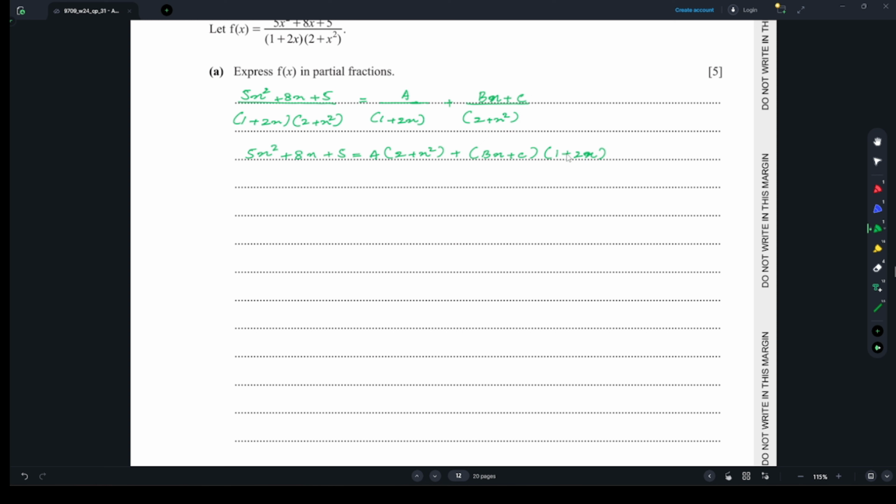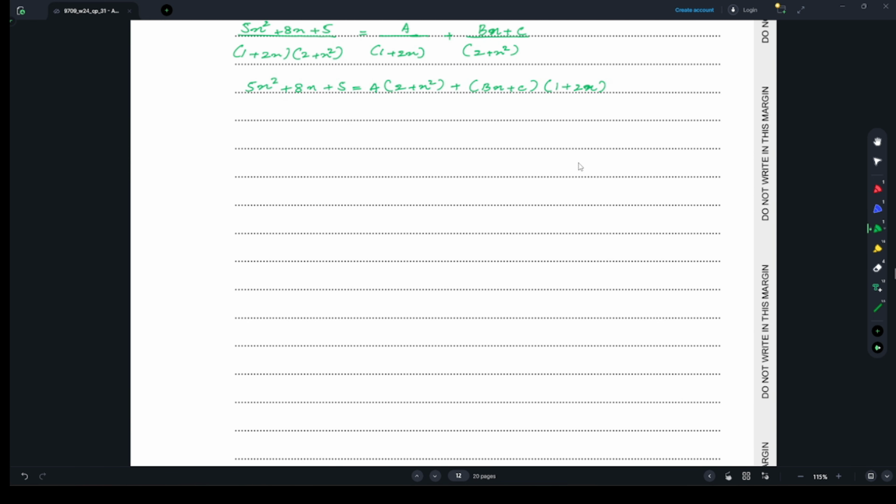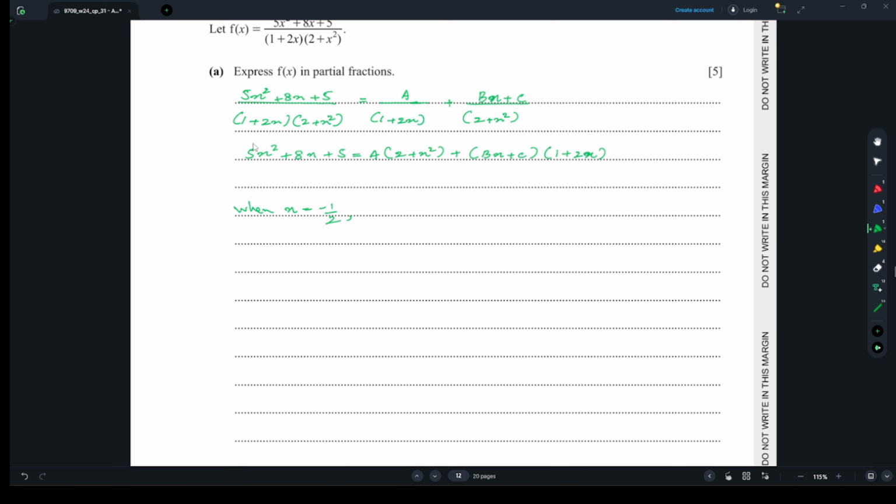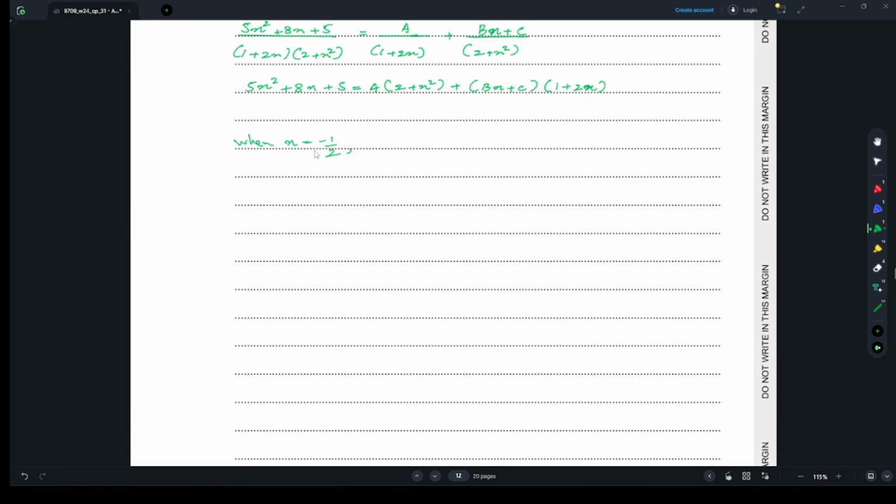Okay. Now here, the first one we can easily find, a, by making this second term, the bx plus c part, 0. So if you apply x equals minus half, so you have to substitute all here. 5 times (minus half) squared plus 8 times minus half plus 5. And here when I put minus half, what will happen here? Minus 1, so this part is going to be 0.